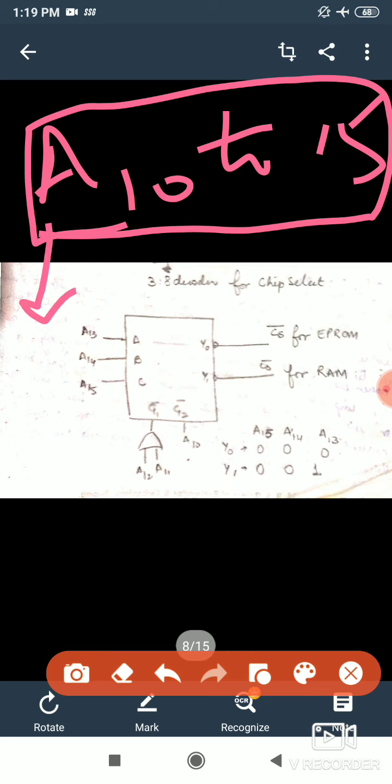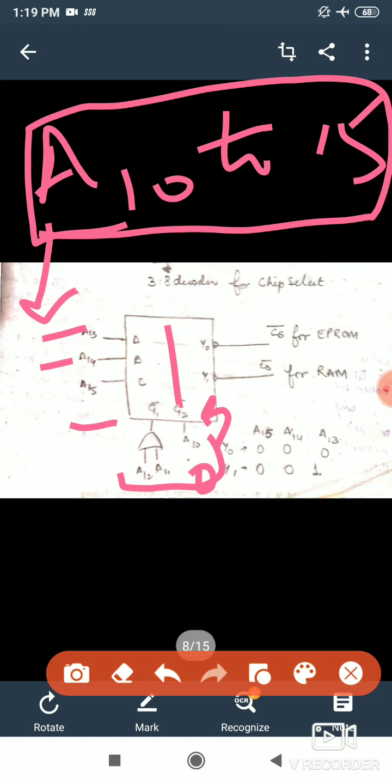For example, in this example, A15, A14 and A13 are given to the inputs of the decoder, and the remaining A10, A11, A12 are all 0, provided as ground signal to the enable of the decoder. So A10 to A12 are fixed as 0.